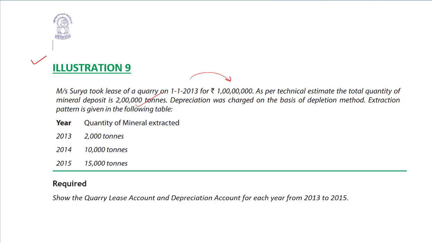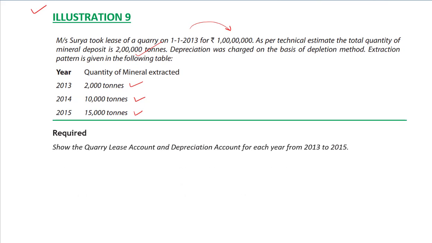Extraction pattern: 2013, 2,000 tons; 2014, 10,000 tons; 2015, 15,000 tons. Required: show the quarry lease account. So we have to make the lease account for 2013, 14 and 15.